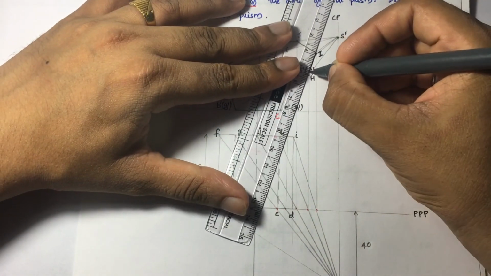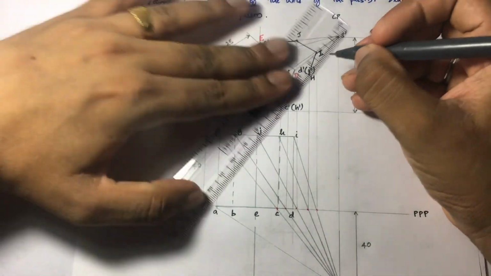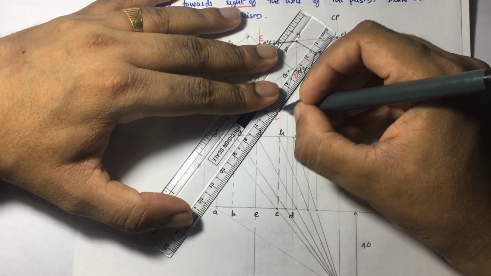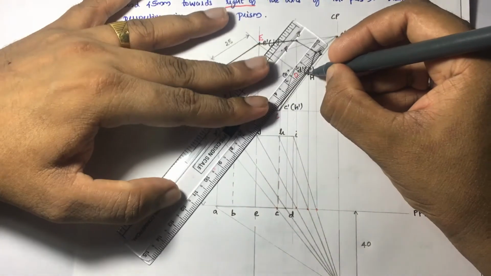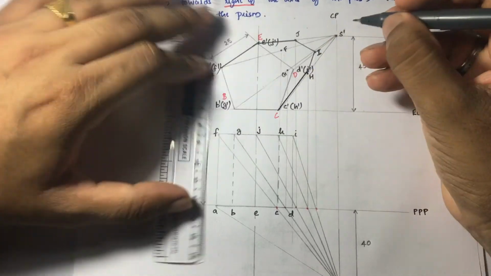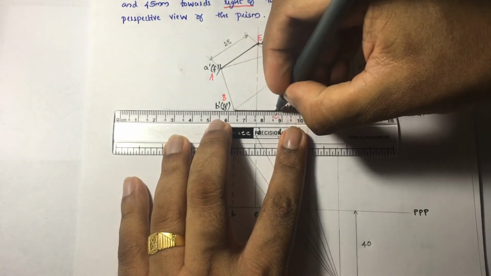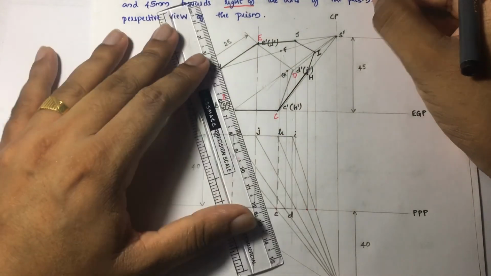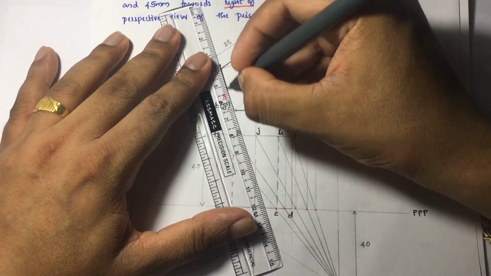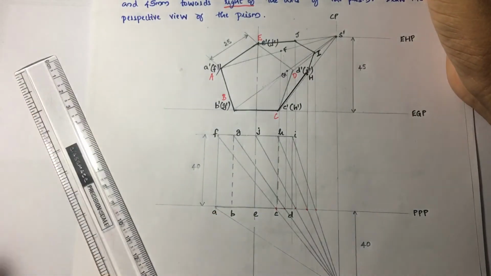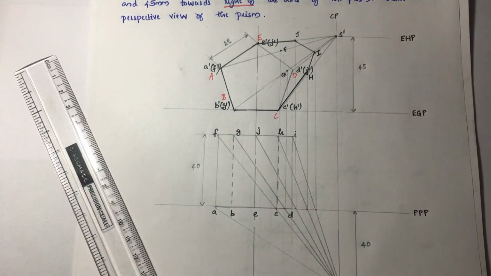You have to mark I and H. Then towards this side you are having HC. Then towards this side you will be having BC. Towards this side you will be having AB. So this much are the outside edges of the figure.